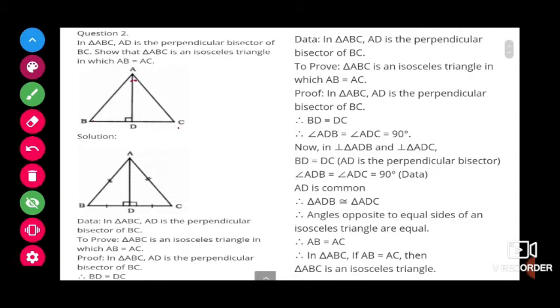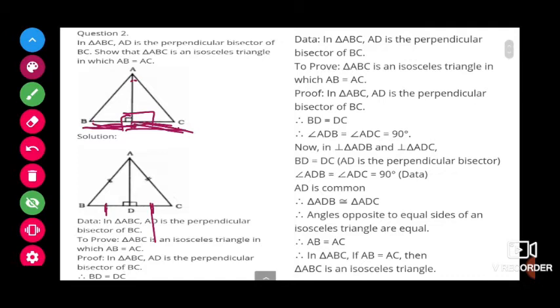Perpendicular bisector means it will form 90 degrees, and it will cut that side into two equal parts. That means BD is equal to DC, and that is given, and we have to show that these two sides AB and AC are equal.